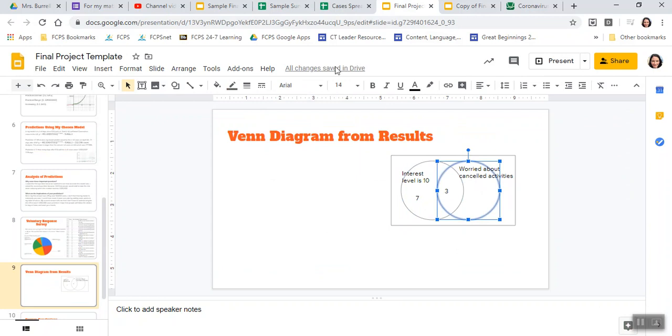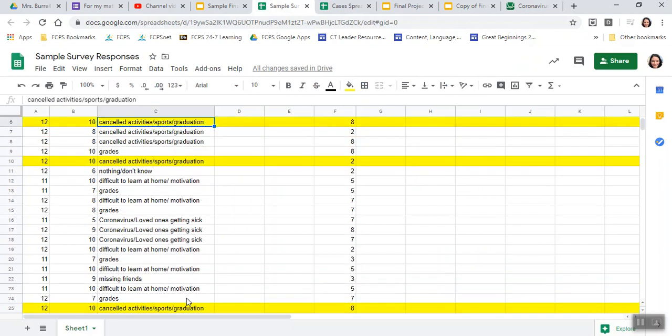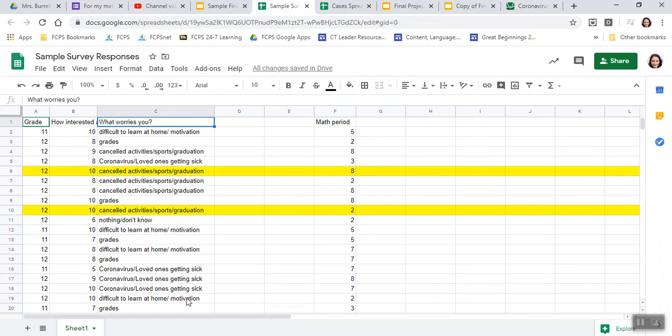Okay, and then worried about canceled activities, let's see. So I already counted this one. One more, 2 more, 3 more, and that's it. So 3 more under canceled activities.